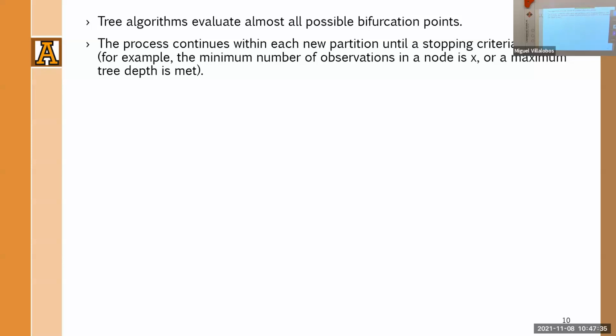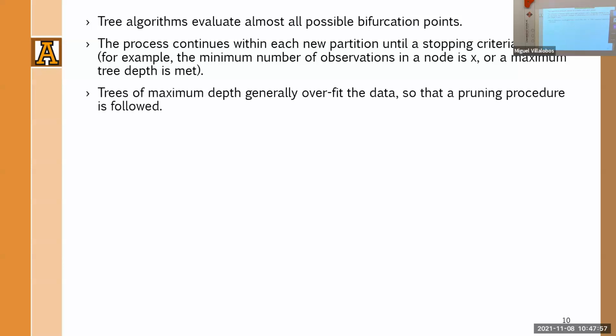If we do a tree with maximum length, that is, when each terminal node ends up with one observation only, then that will be overfitting the training data, and that's not a desirable thing to do.